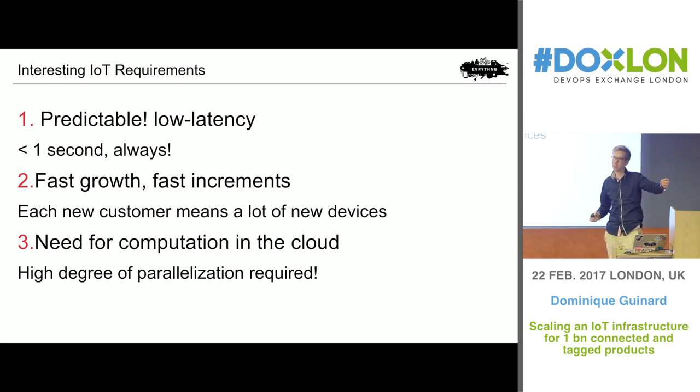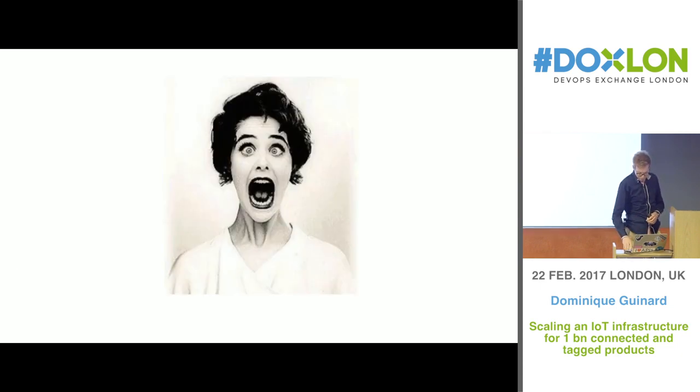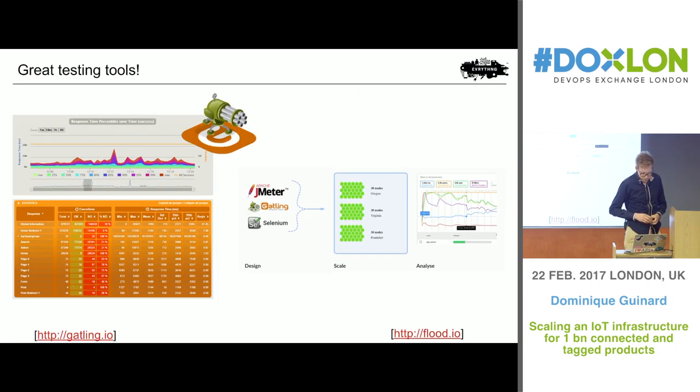When a message reaches the cloud, it's not only stored in the cloud. Usually there is a rule that's triggered, right? And there are lots of tools that can help. So things like Lambda and serverless architectures for us were really great and really life-saving. But in terms of predictable low latency and fast growth, fast increments, that's actually challenging.